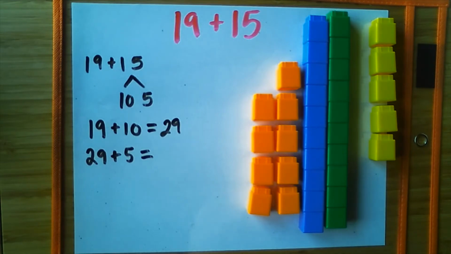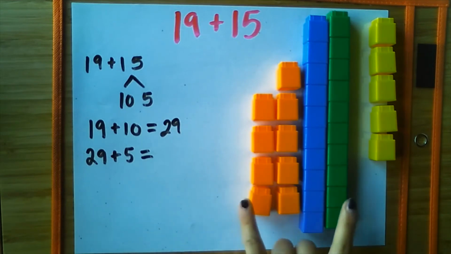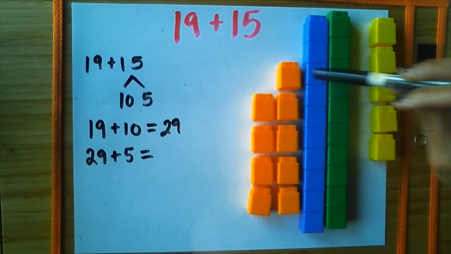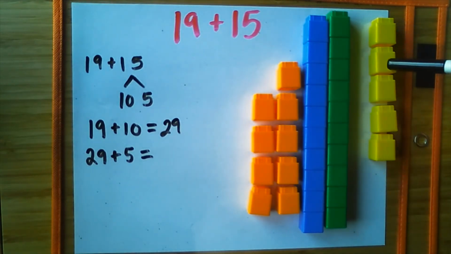Okay, welcome back, my friends. Now, before we go into the answer, we have to think about our strategies and the process of this. We can count on. So, we know that we have 29 here, and we can just go 29, 30, 31, 32, 33, 34. Our solution is 34.